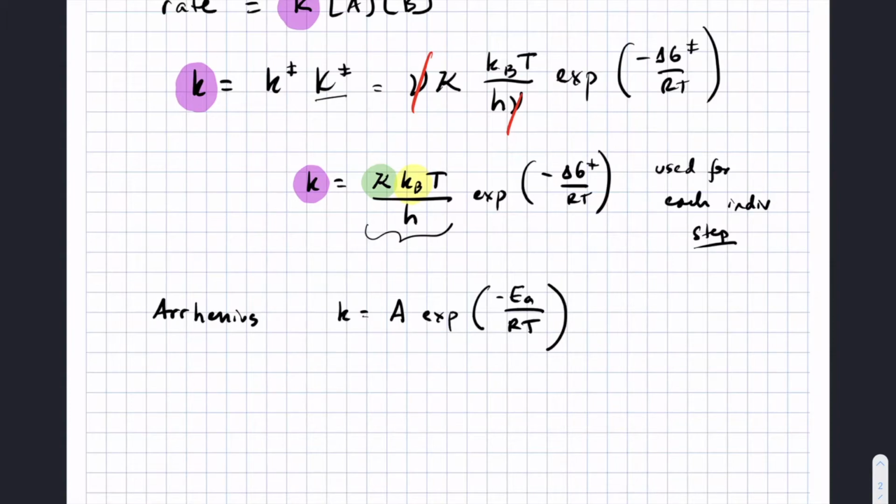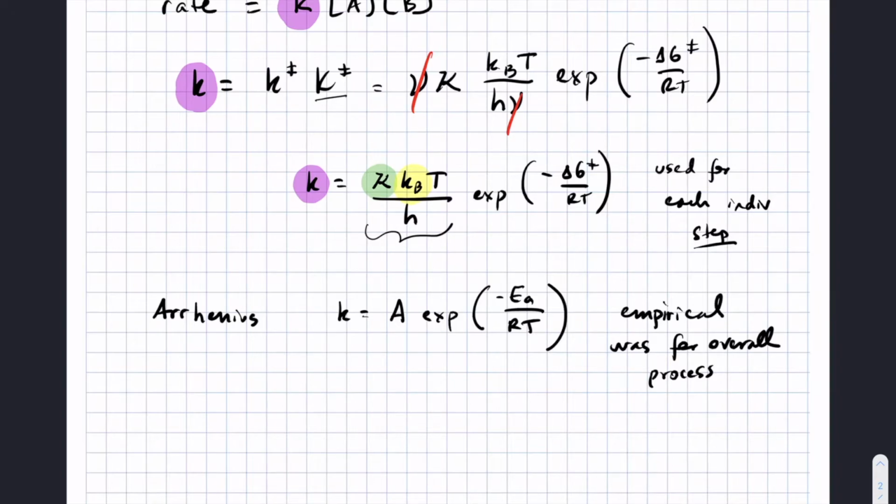And the difference is that Arrhenius's equation was empirical, and it was for the overall process, and there is not necessarily a clear connection between activation energy and free energy, unless the circumstances are sort of limited.